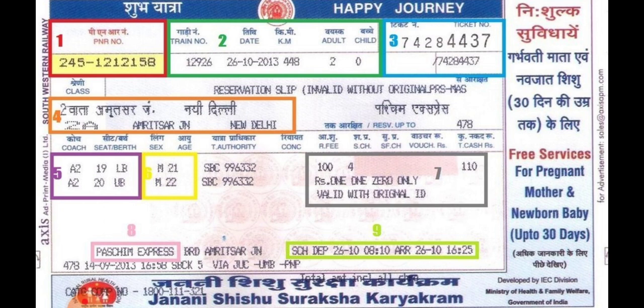So the morning time will be as usual, but after 12 noon, 1 p.m. will be considered as 13 in the train 24-hour clock. 13, 14, 15, like that it continues up to 24. When it becomes midnight, it becomes 24.